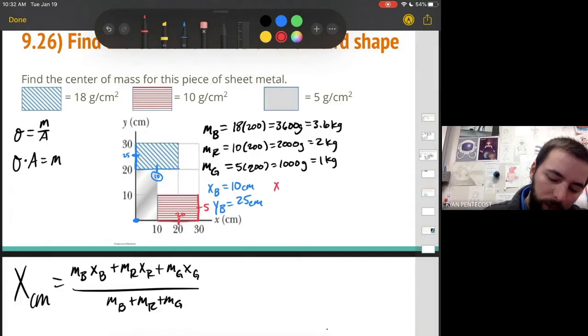Next, the x of red: the midpoint would be 20 centimeters. And the y center of mass of red would be 5 centimeters. I don't have a gray, so I'll just use green. The x center of mass for gray is going to be 5, the midpoint between 0 and 10. Then the y center for the gray would be 10, since 0 to 20 hits 10 centimeters.